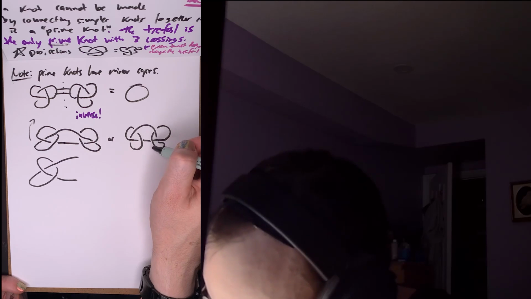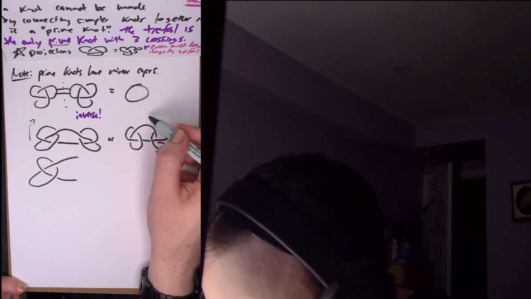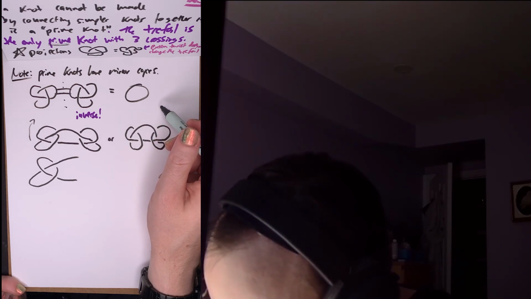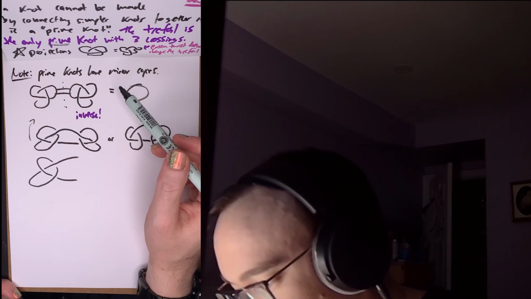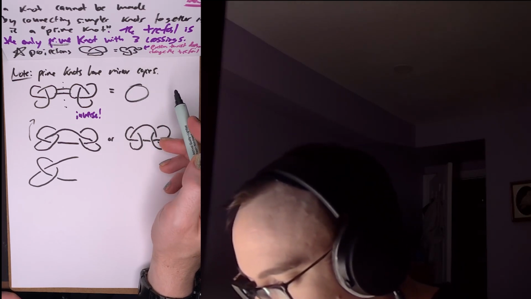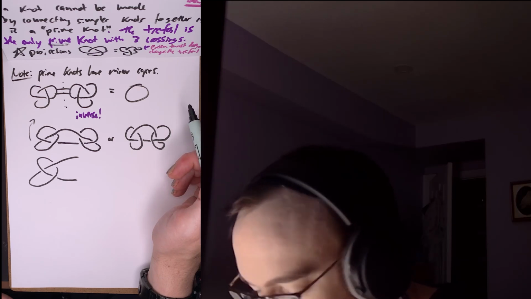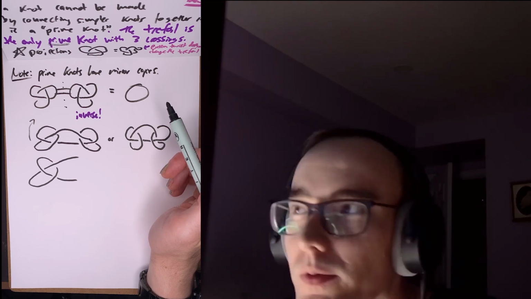So this loop can pass down. Construction of a knot and its inverse, so it works.